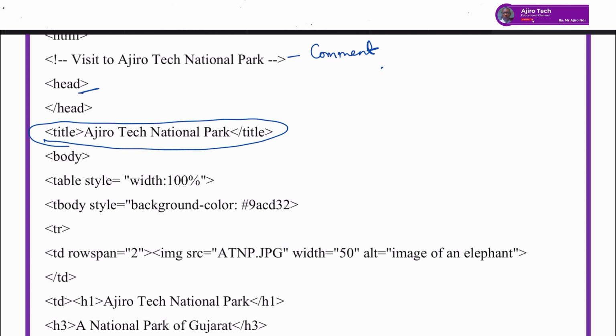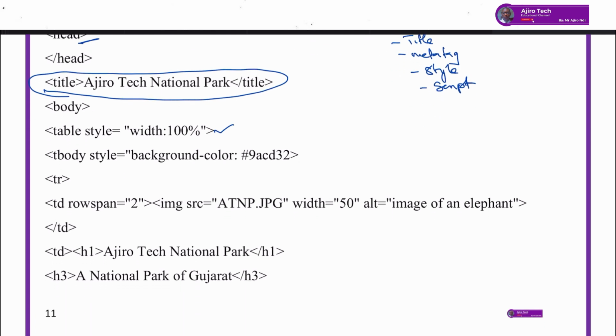So what falls under the head section? So we have title, meta tag, style, script. Okay. The body, this looks correct.